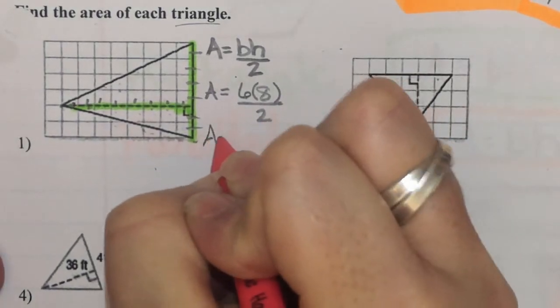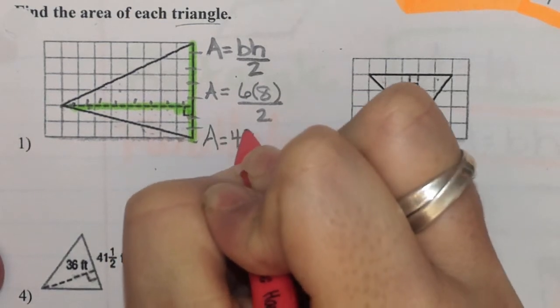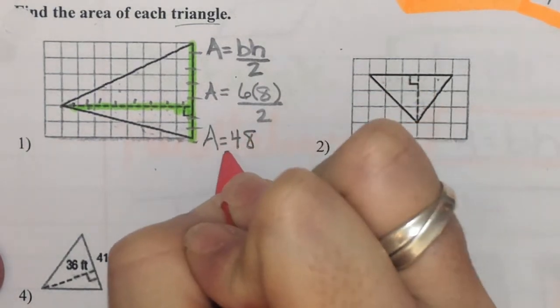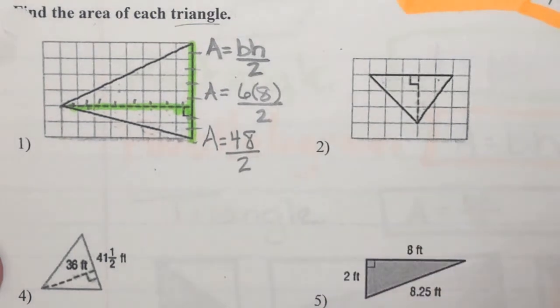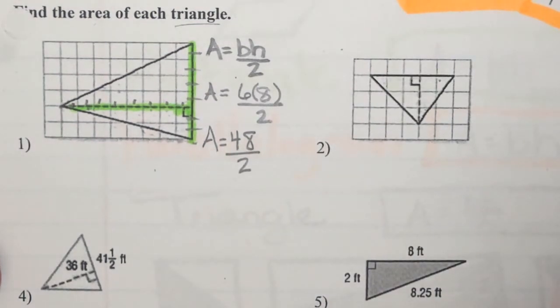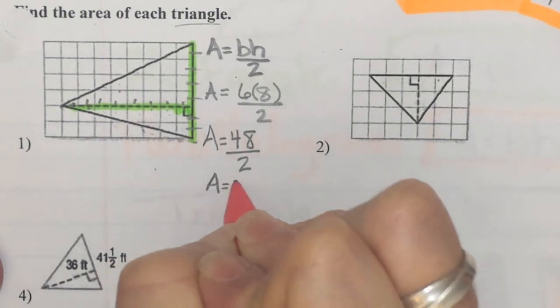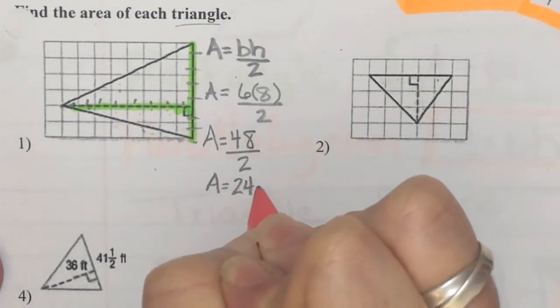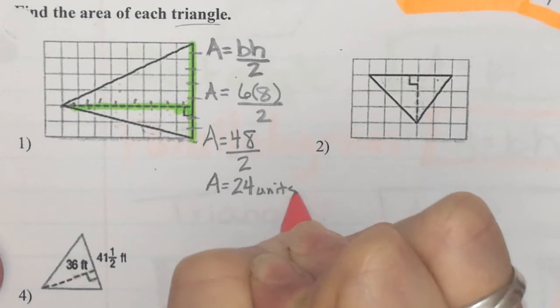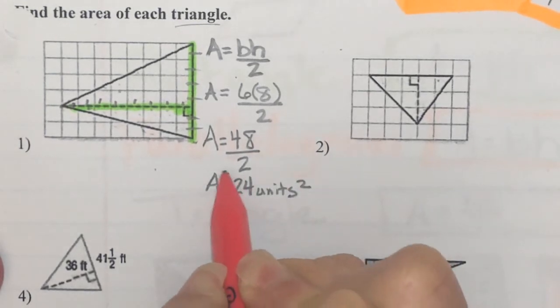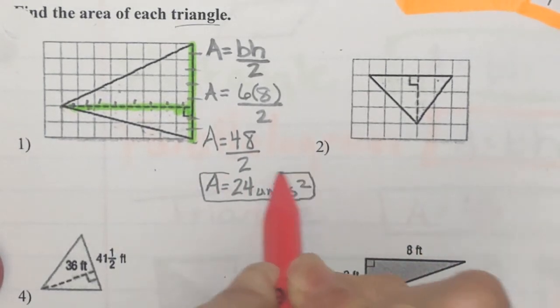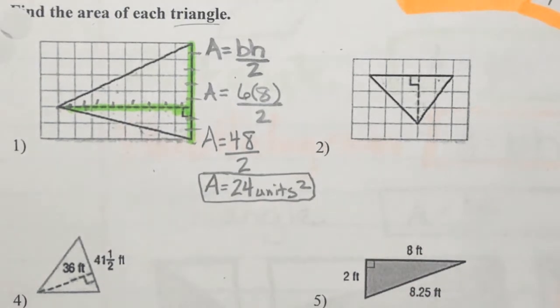Now that is your new number. You just write 48, but you have to keep the divided by 2 for a second. 48 divided by 2 is 24. You got it. Units squared, because we don't know the measurement, but area is always squared.